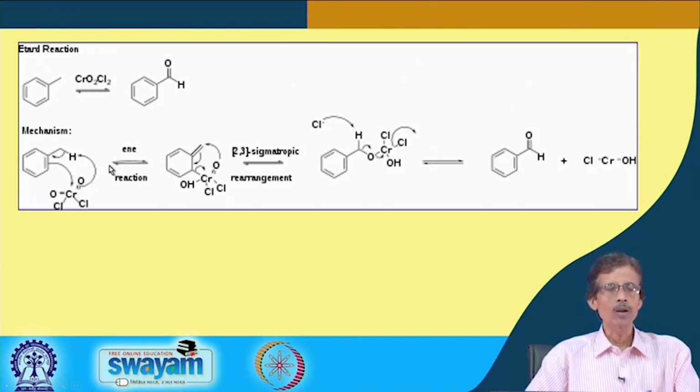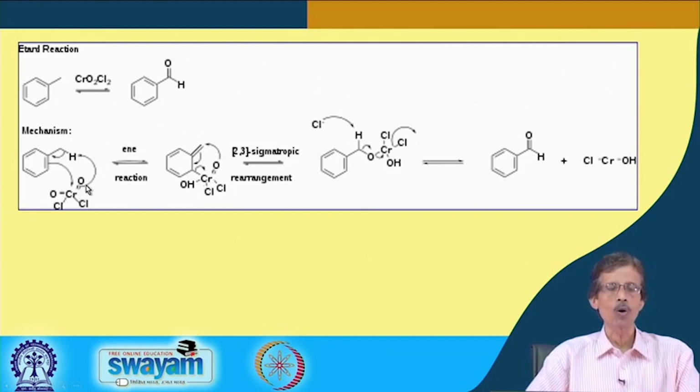So, the abstraction of this hydrogen is very easy by this group. If the chromium is attached to that carbon center, we can consider it as a carbon chromium bond, which goes through some organometallic pathway, because it is sometimes difficult to identify that you are getting that chromium carbon bond formation. Instead, we can propose a very unstable intermediate that can form this species through the abstraction of this hydrogen.